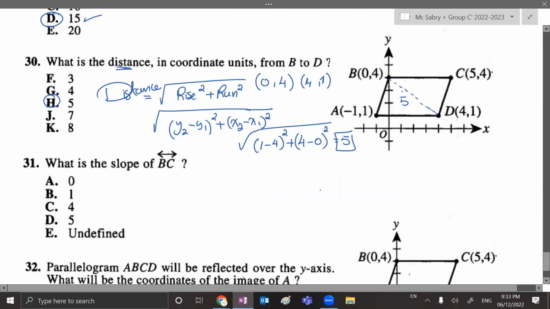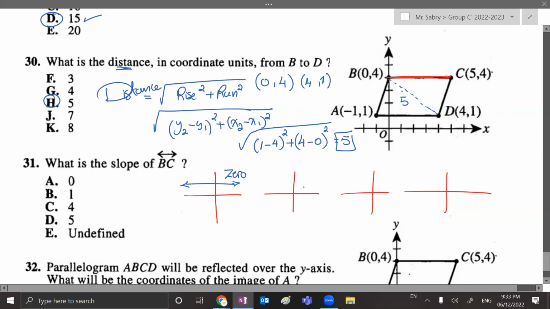What's the slope of BC? When you look at BC, it's a horizontal line. Now, a line that is parallel to the x axis, like this exactly, a horizontal line, its slope is 0.